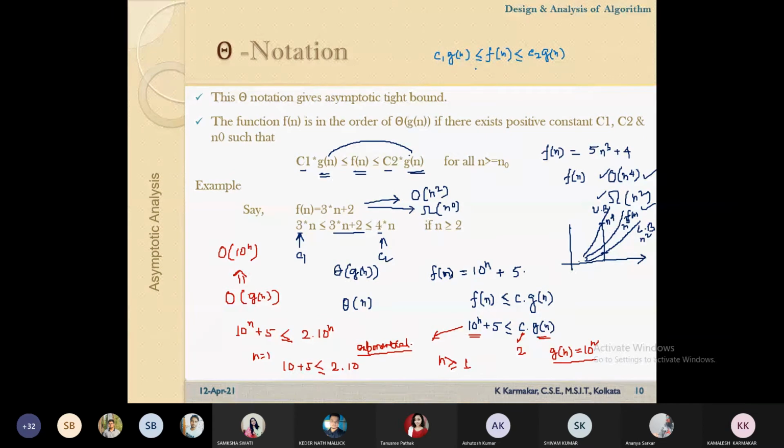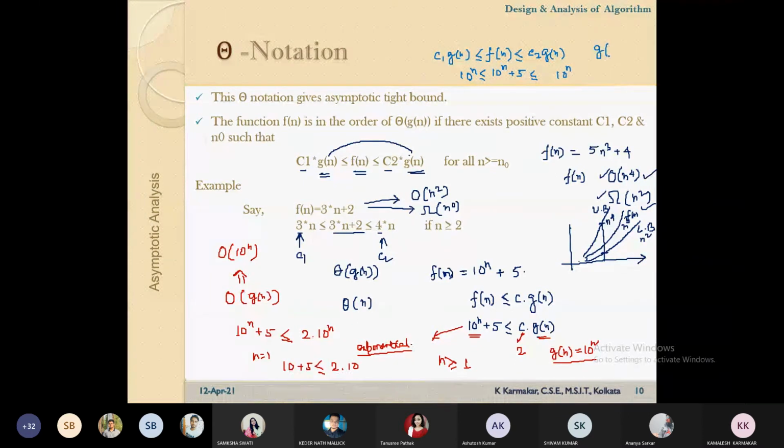Some constant times g(n). Now according to this function, let us try. 10 to the power n plus 5 should be less than or equal to something, and greater than or equal to something. If I consider the same function 10 to the power n on the right-hand side, I'm assuming that g(n) equals 10 to the power n.